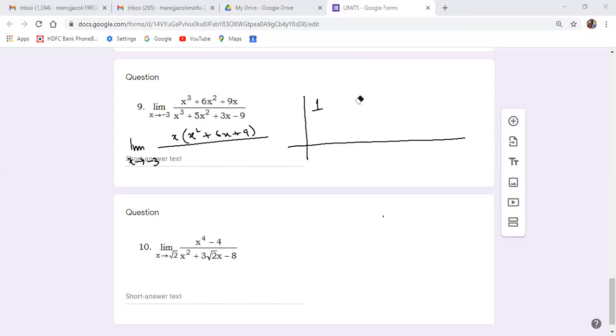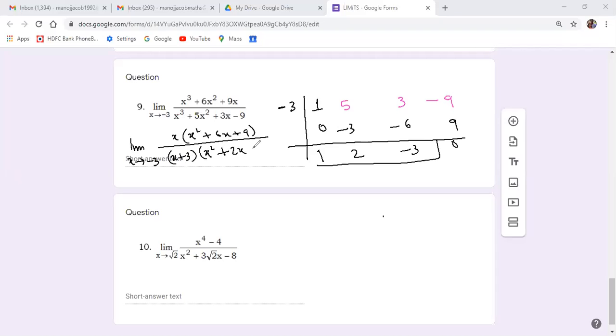Denominator is 1, 5, 3, minus 9. So you have to divide by minus 3 this time. So this became x plus 3 into x square plus 2x minus 3.